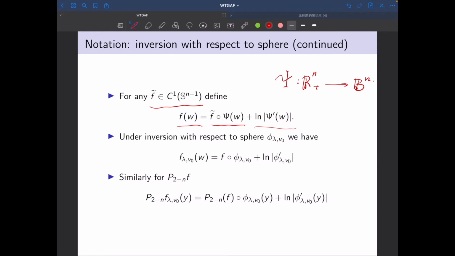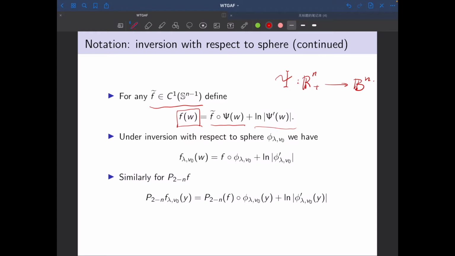What we call the inversion with respect to sphere is we consider what happens to the function f when we take inversion with respect to the sphere.